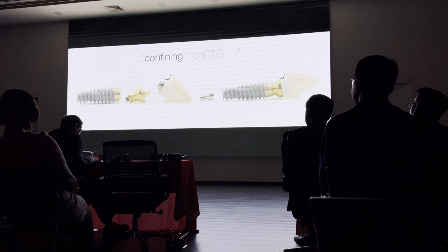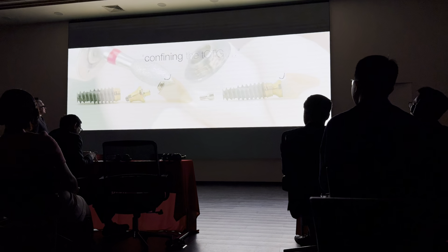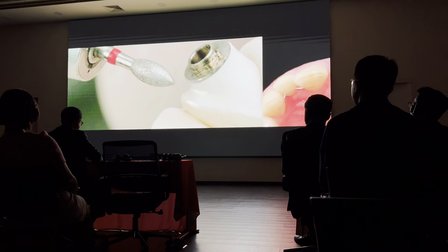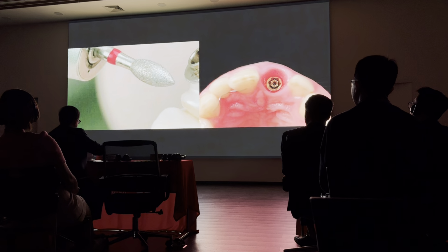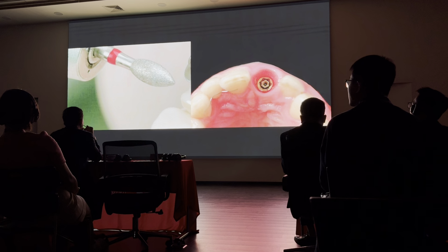So if you are not deep enough, you will have to condition the soft tissue, and this is something you have to do yourself. Watch out, all my splinting is not extracoronal, it's intracoronal. I make a hole on the tooth.